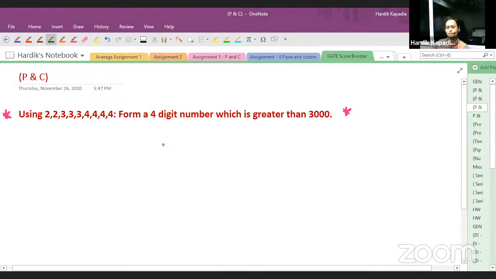So a 4-digit number which is greater than 3000. So the number has to start from either 3 or 4.